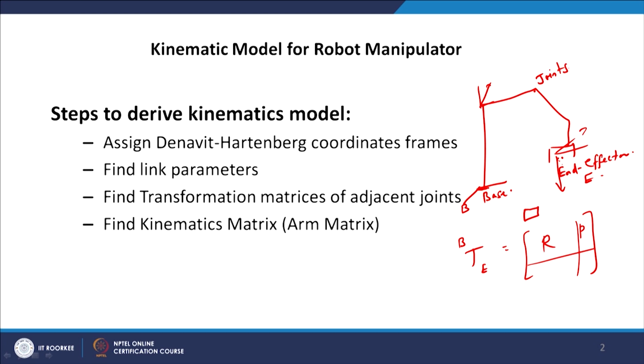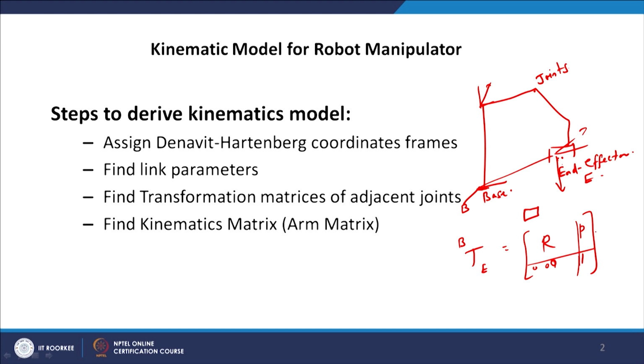In other words, it is how far the origin of the end effector coordinate frame is from the base coordinate frame. So if we know the position as well as the orientation of the end effector with respect to the base, that will give a correct picture of a robot manipulator. And the last row is 0 0 0 1.